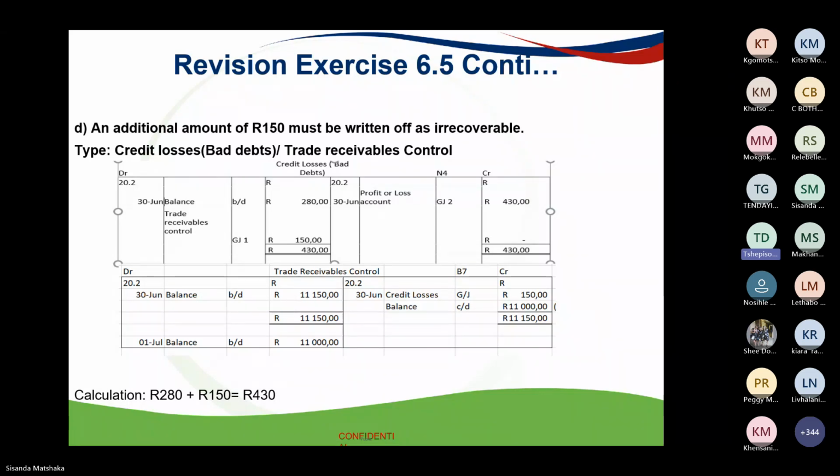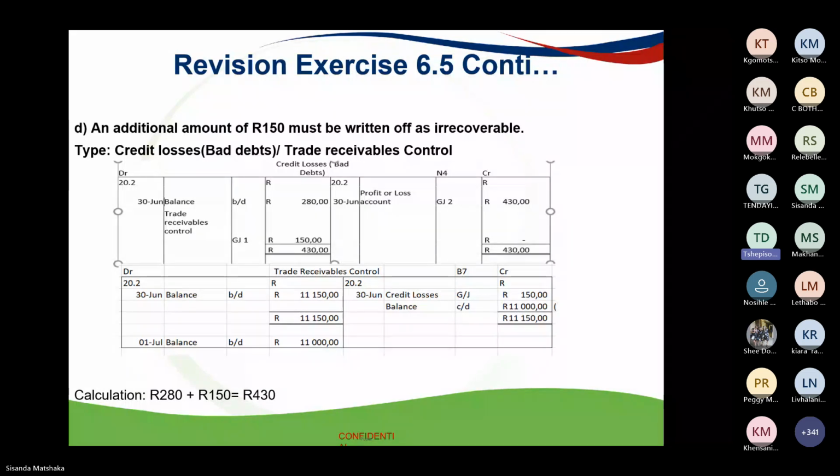As you recall, you opened your account with the balance brought down of 280, and in the additional information above, you've been told that an additional amount of 150 must be written off as irrecoverable, meaning this amount will not be able to be recovered.